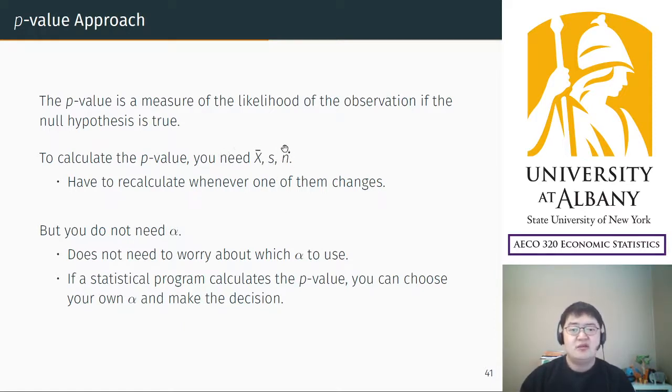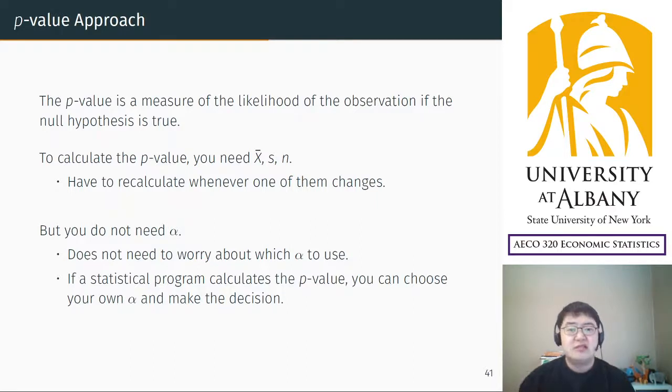So you need this information from the data. That means you have to recalculate the p-value whenever you have new data, which is nice. You have to recalculate x bar, s, n every time you have new data. But you do not need alpha to calculate the p-value, because after calculating the p-value, you compare the p-value with alpha directly. So you don't need alpha to calculate the p-value.